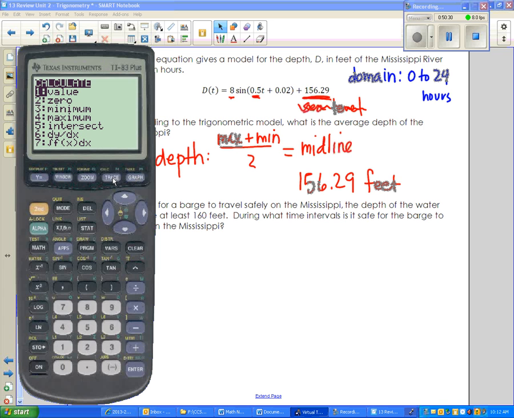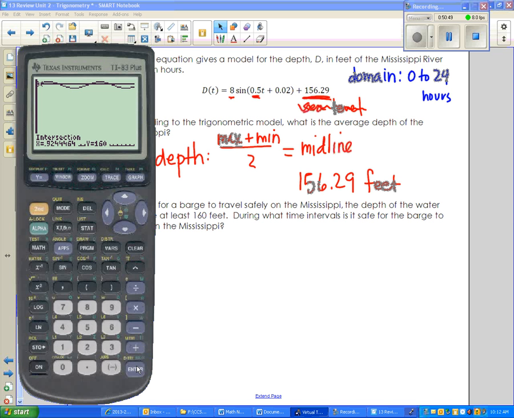So second trace, that'll give me the menu where I can choose intersect, and I'm going to start all the way over to the left. Oops. If I scoot all the way over to the left and press enter 3 times, please wait until it actually says the word intersection.